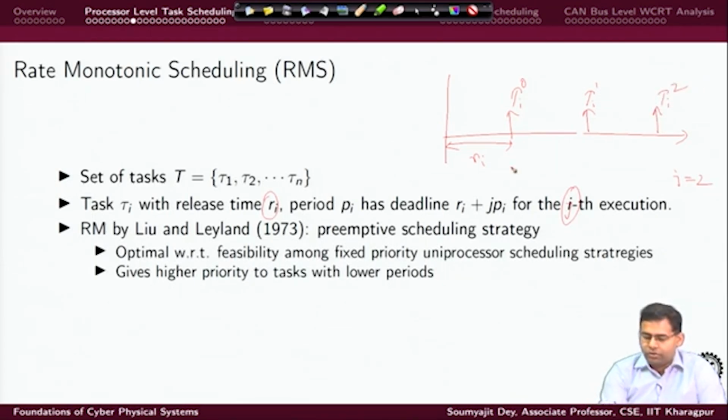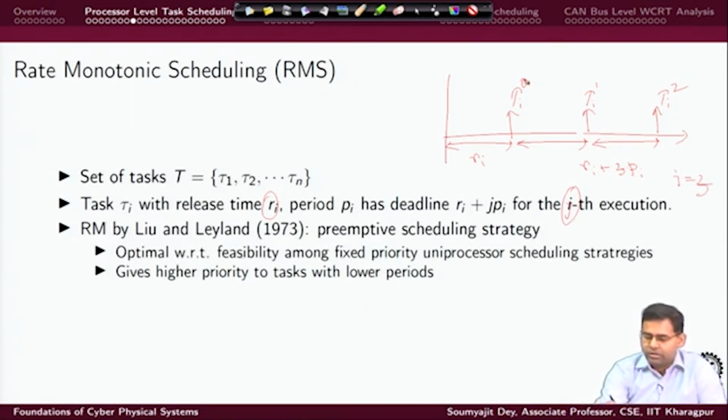Okay. So, these are the instances where the tasks are going to be released, and this is the initial release time, or better, this is known as the offset of the release. So, the eventual release time here will be r_i plus 3 into p_i, if I am just counting from 1.